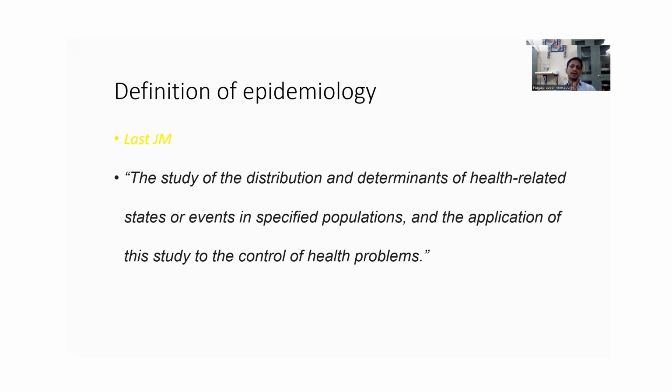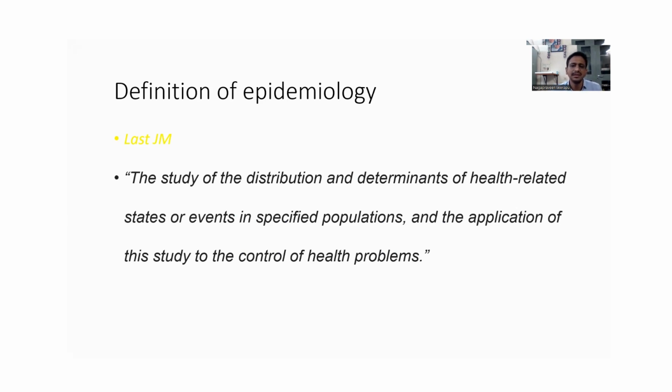In the population, we are seeing the distribution of the disease, and determinants of health-related states or events. Distribution means how the disease or the health events are distributed worldwide, or in Southeast Asia, or India, or at district level. Determinants means the determining factors of the health event. It may be agent, host, or environmental factors.